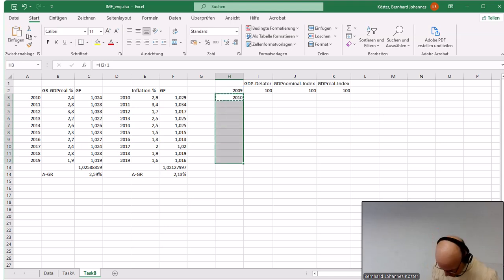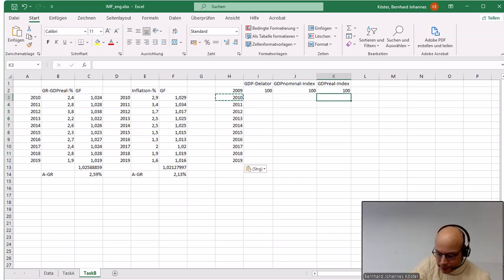And we want to go down to 2019. Well, now what is the index of real GDP, starting in 2009 at 100, in the year 2010? Since we know that the real growth rate is 2.4%. What number will occur here?